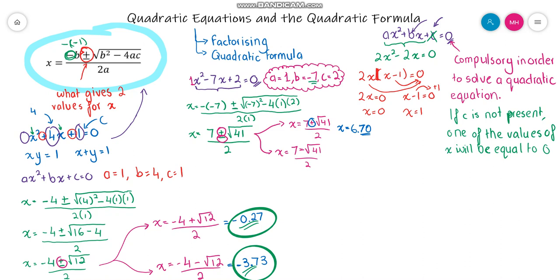Now we do the same thing over here where the sign is negative, and that would give us x is equal to, when you round it to 2 decimal places, let me just show you what happens over here. It's 0.098 to 3 decimal places.